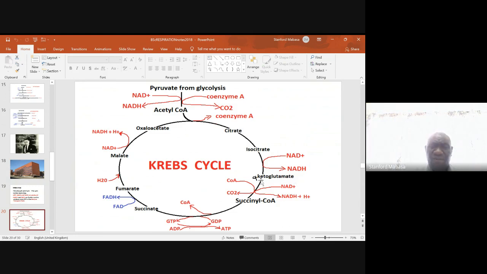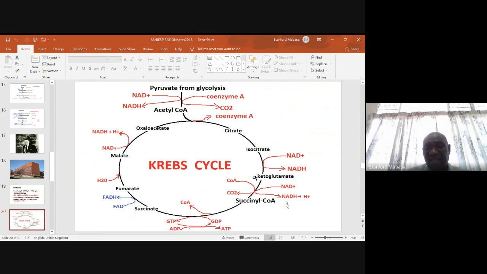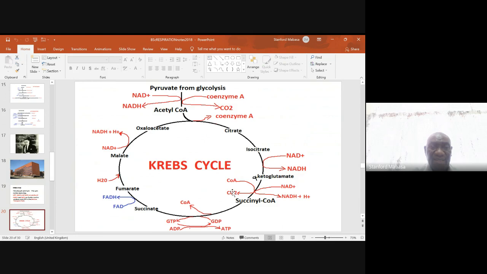Between alpha ketoglutarate and succinyl coenzyme A, we produce again NADH, and the carbon dioxide is released. Then from succinyl coenzyme A, we get succinate. Coenzyme A is released here.